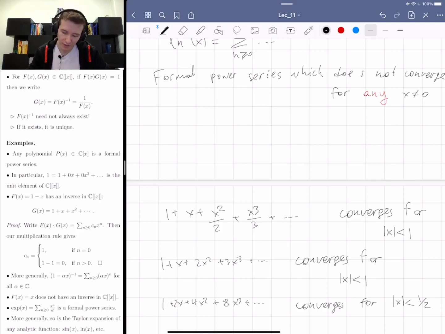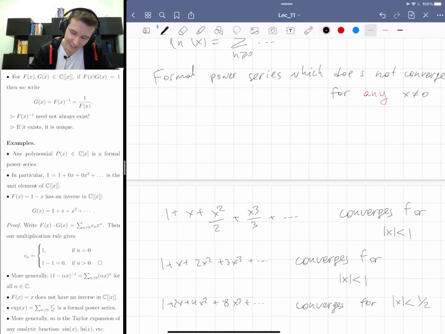You see, you need some function which grows faster than exponential. I wonder if we know some function that... Oh, okay, so factorial then. All right, yeah, that is correct.